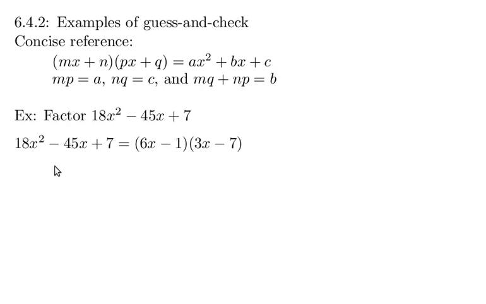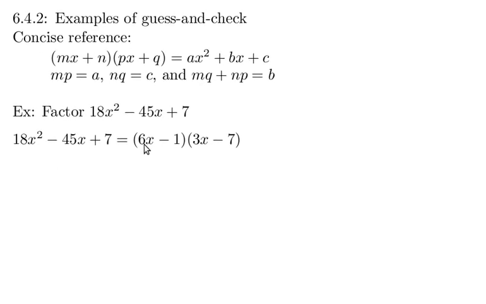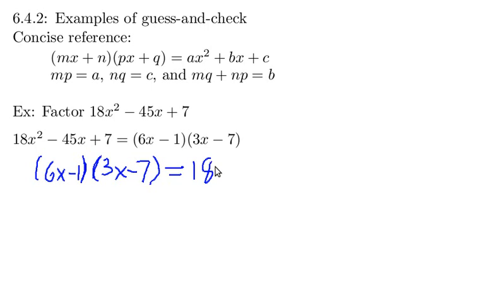So 6x minus 1 times 3x minus 7. 6x times 3x will give you 18x squared. 6x times negative 7 will get you negative 42x.